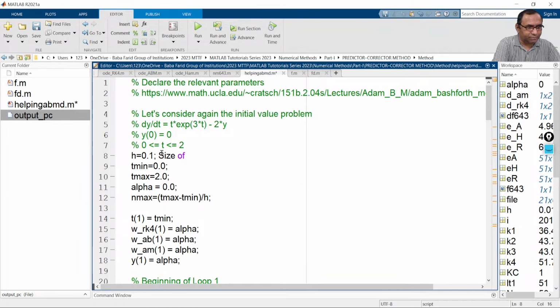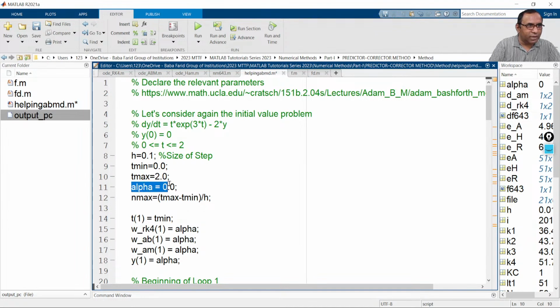And this is the initial value. This value is the minimum and this value is the maximum, so we are denoting them by T minimum and T maximum.